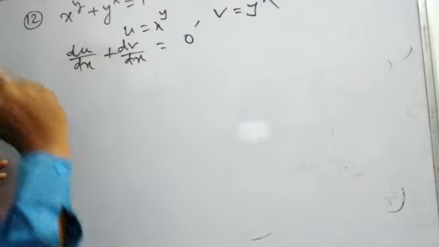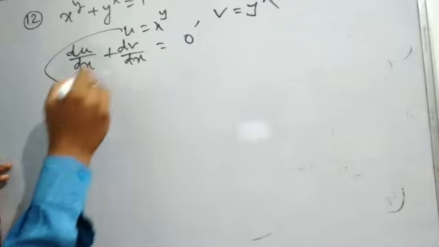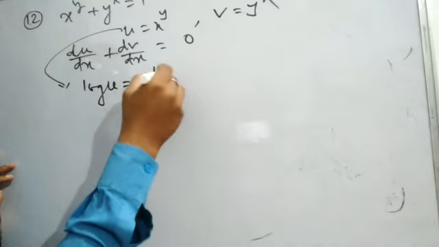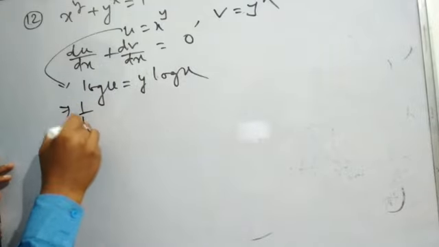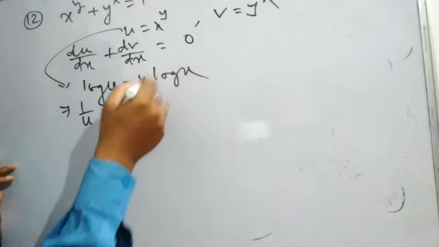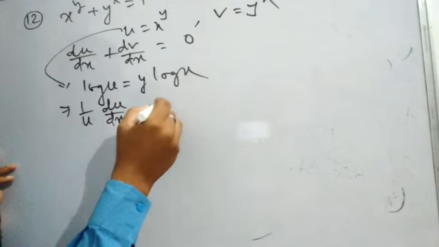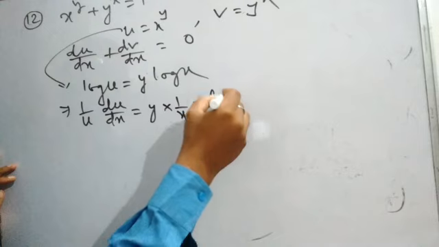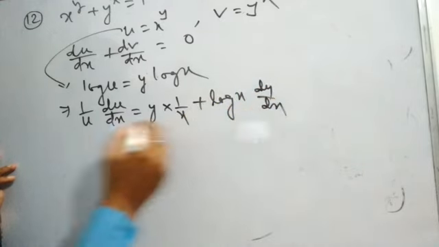So u is equal to x to the power y. So taking logarithm both sides, we will get log u is equal to y log x. Then 1 by u du by dx is equal to, in uv form, that is product rule, y suppose constant, log x derivative 1 by x, then log x constant, it will be y derivative dy by dx.